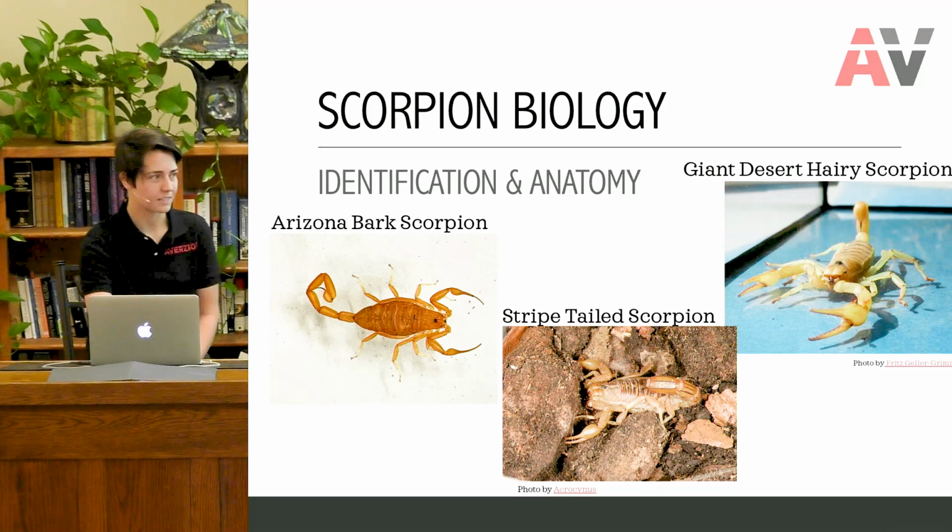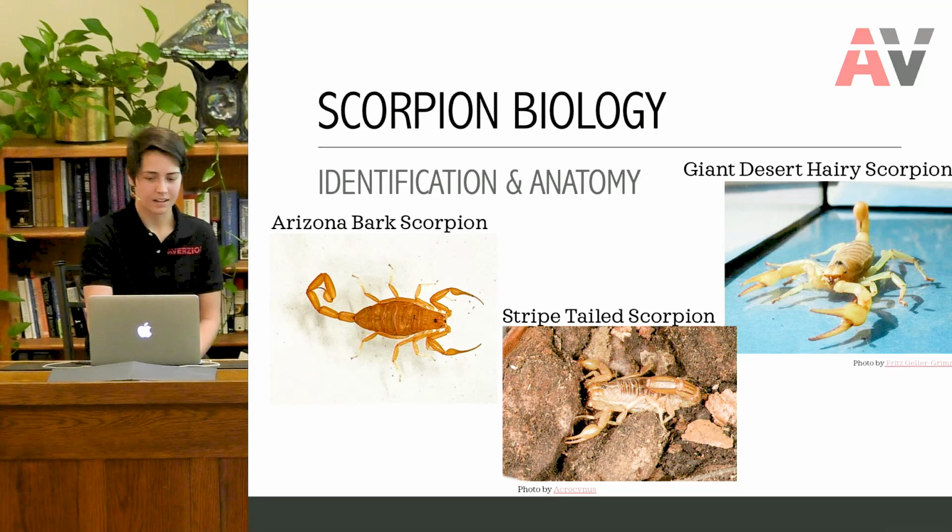So you can see the rounded, large pinchers in the other two species. That's going to be one helpful defining characteristic when you go to look for these. They also have a very long, thin tail, which is good for whipping and stinging its victims, its prey.